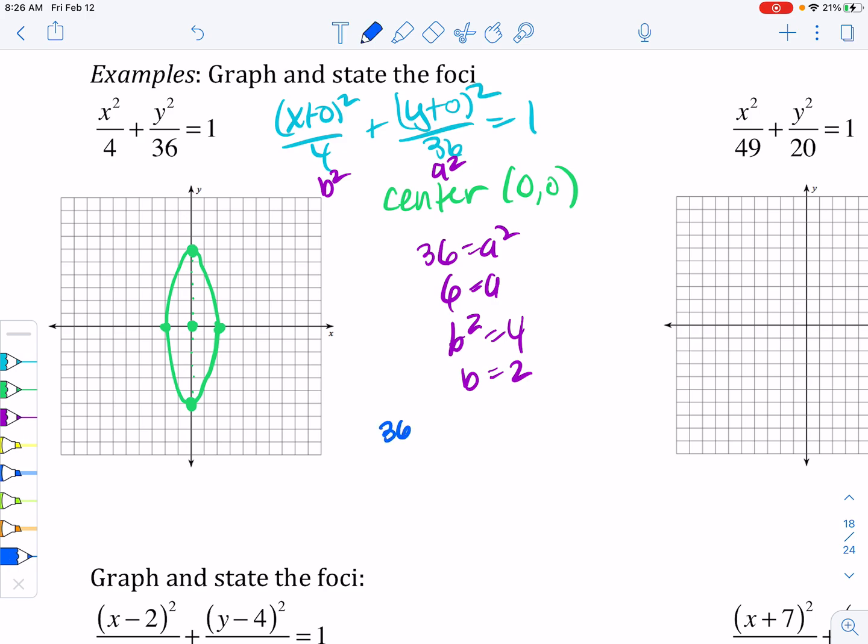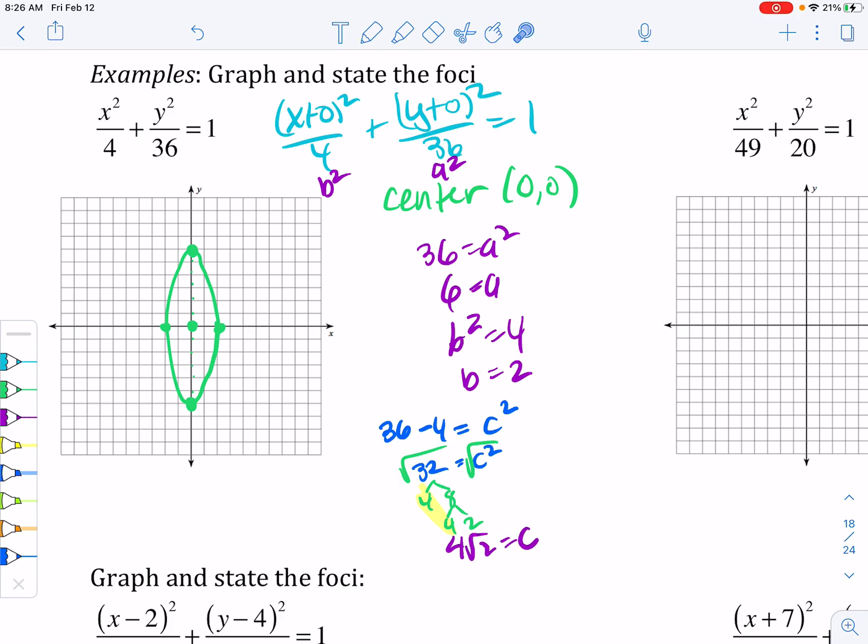So we're going to do 36 minus 4 equals c squared. So 36 minus 4 is 32, which gives us c squared. We're going to take the square root. So we're going to break this down: 4 and 8, and then 4 and 2. So we have a pair of 4's and a loner 2. So we get 4 root 2 equals c.